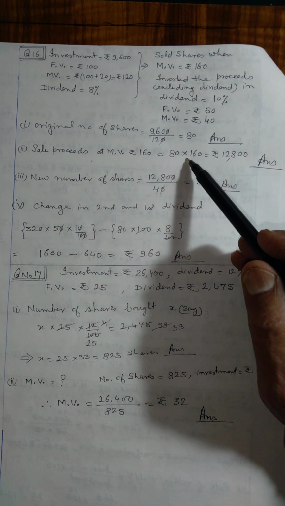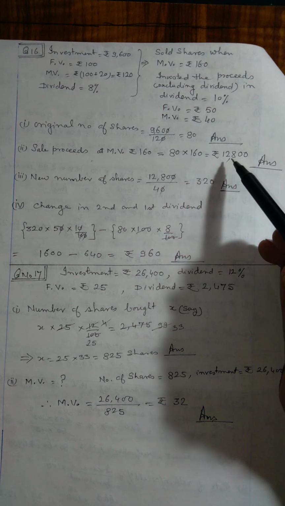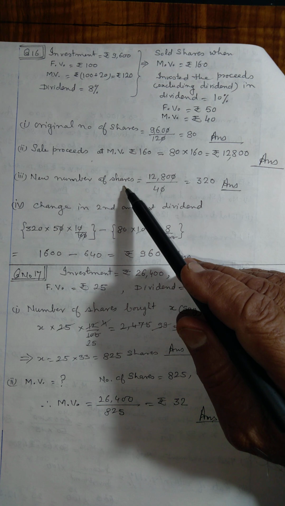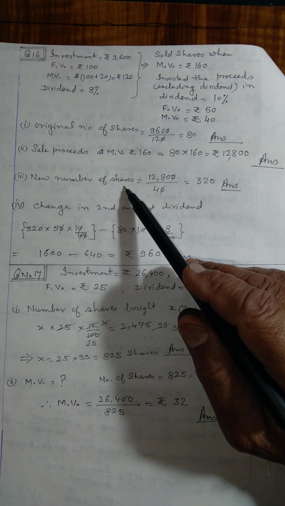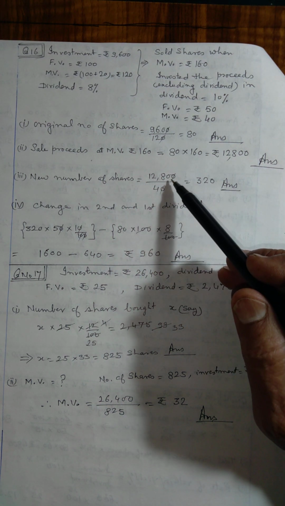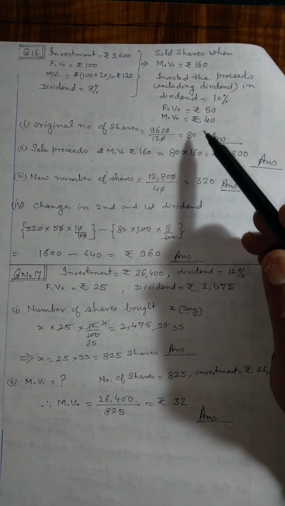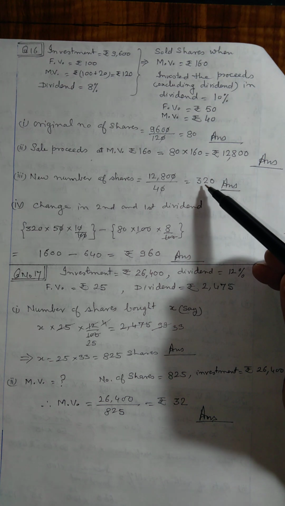So 80 multiplied by 160, it will be equal to 12,800. New number of the shares will be equal to 12,800 divided by 40, that is market value in the second case. So it will be equal to 320.